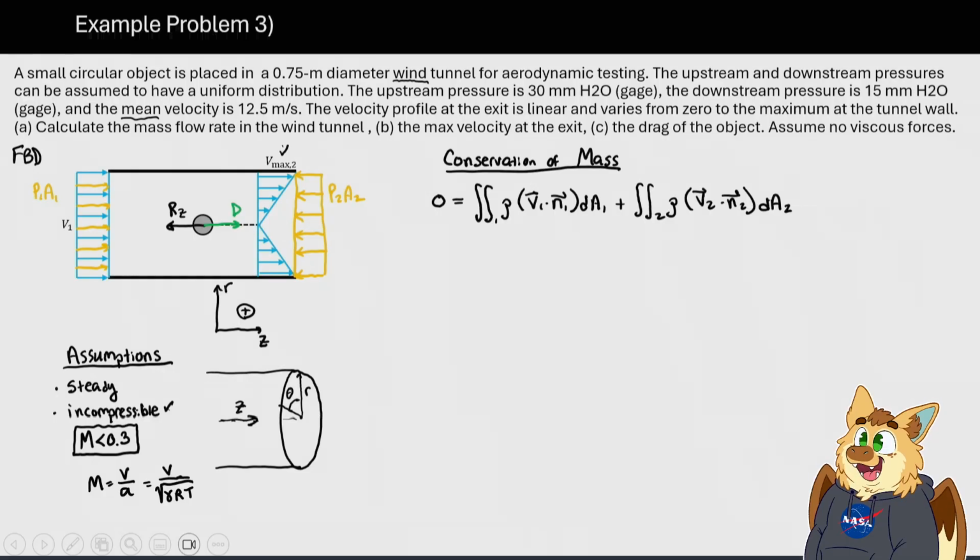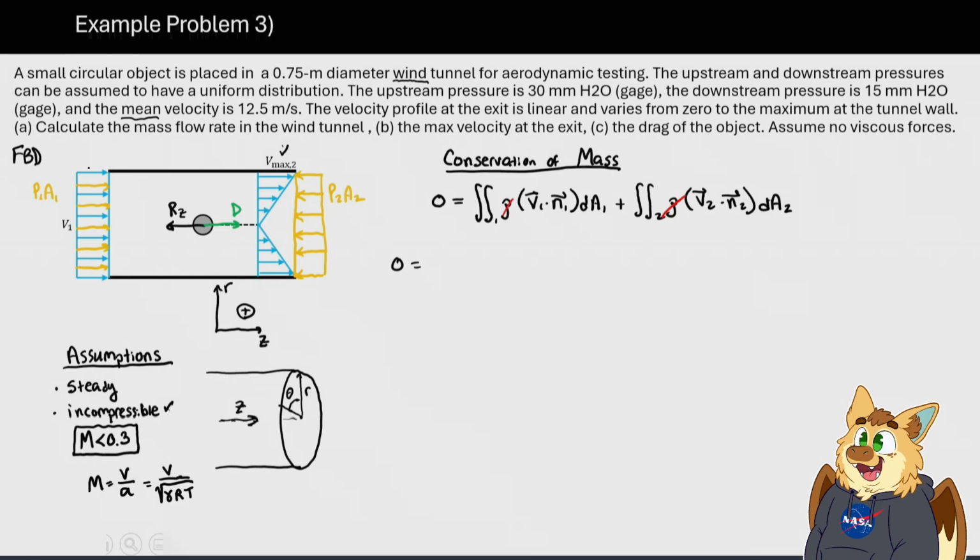Just like that. The good thing is that we are in the incompressible flow regime, so we can immediately make some simplifications here by taking out our density, which is great. Then we can start writing some stuff out here. For our inlet condition, control surface 1, our velocity is uniform.